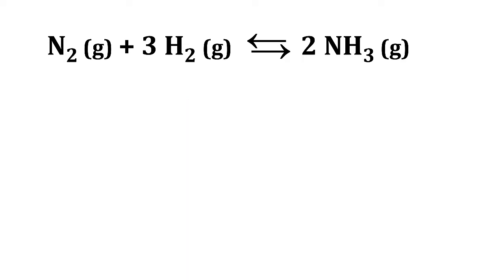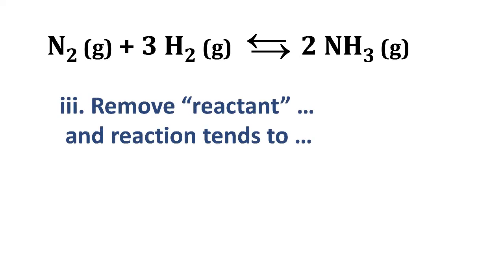Now, we could have a system in equilibrium, and instead of adding reactant or product, we could remove reactant or product. Well, now removing nitrogen or hydrogen, the reactant, the stress is that there's less of the substance.